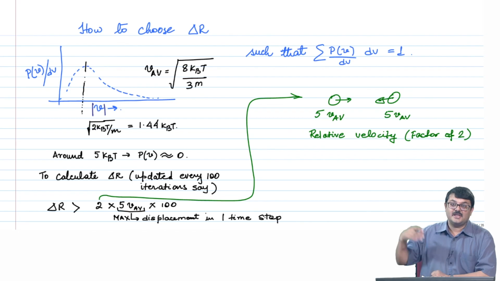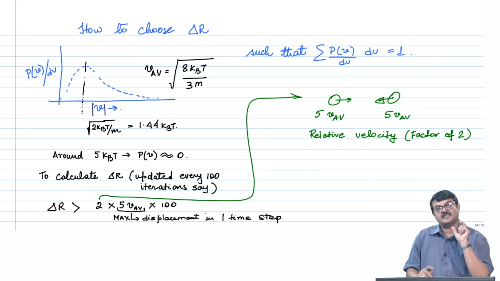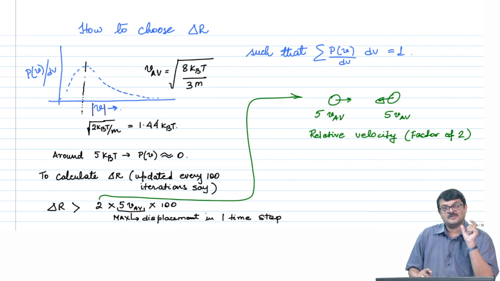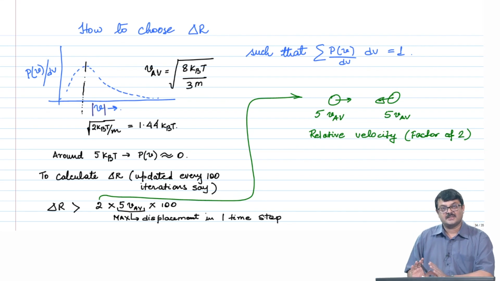It is only after that you are going to do a recount of which particles have the potential to interact with particle I in the next 500 iterations, say. So, delta r is a measure of the maximum displacements possible in the 100 iterations, and you should choose delta r significantly large so that within the 100 iterations no other particle which is not in the neighbor list starts interacting with the particle I.